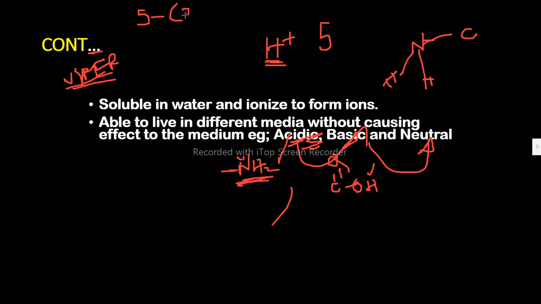The bond pairs are 2 times the number of bonds formed. So this is 1, 2, 3. There are 3 bonds.